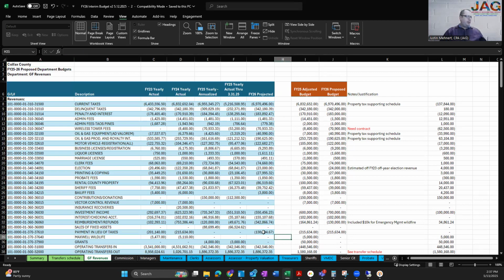And here's a question. The PILT revenue, payment in lieu of taxes. I did not see a current year amount received, but it has consistently been received in the past. So that's a question for the current year, is that expected to come in? And I've projected that the same amount is going to be received in FY26 as in FY24.